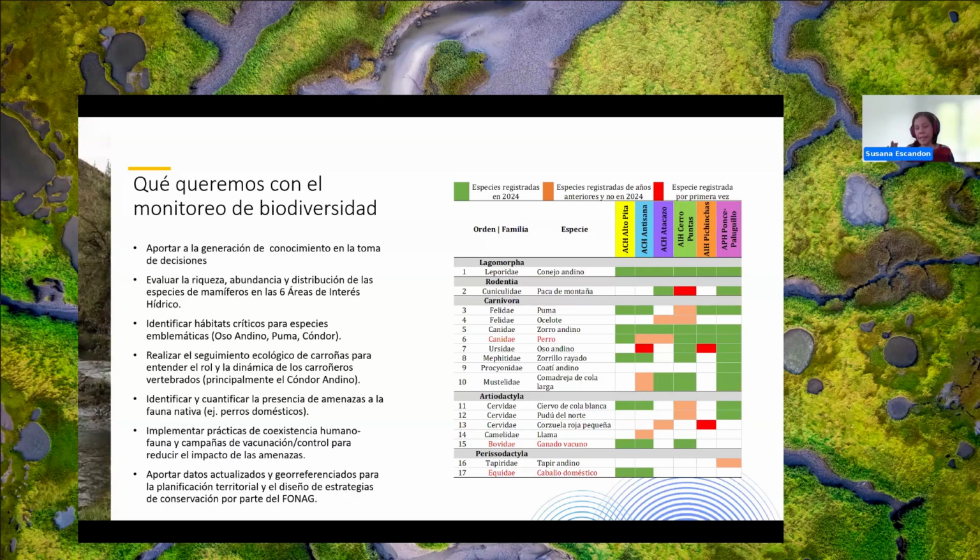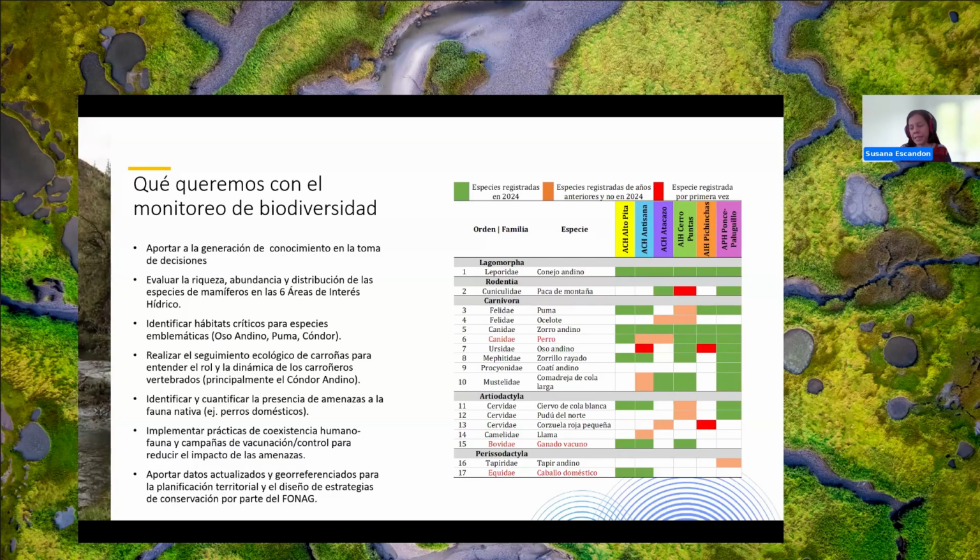Evaluate the abundance. Identify critical habitats for emblematic species like the Andean bear, the puma, and the condor. Conduct ecological monitoring of carrion to understand the role and dynamics of vertebrate scavengers, primarily the Andean condor.